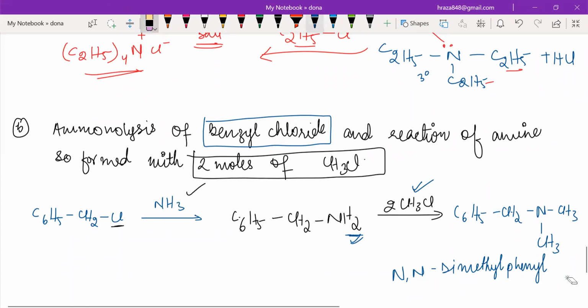We used phenyl here. You can see this is 1, 2, and I took this as the parent chain.